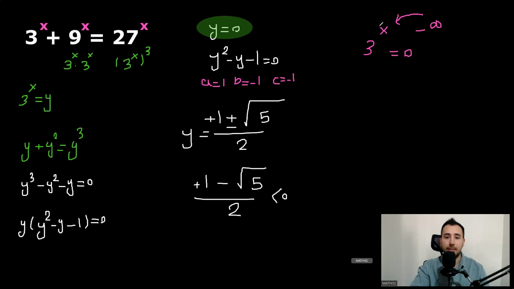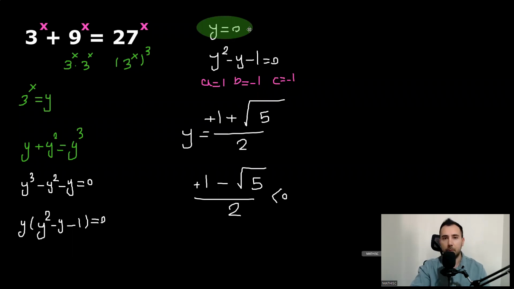So for this reason, we're not going to accept this answer because 3 to the power of x will never be this. So this is out. This -1 will also be out. The acceptable answer would only be this one.